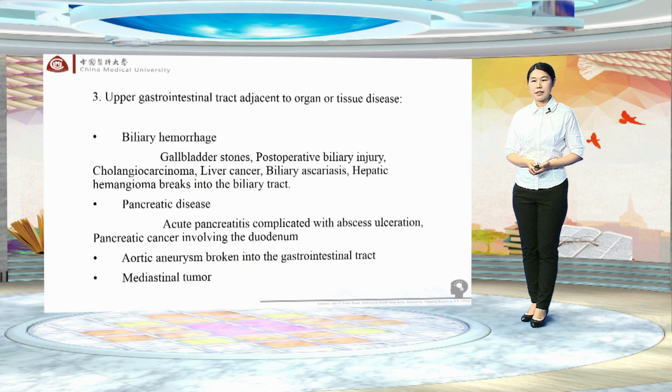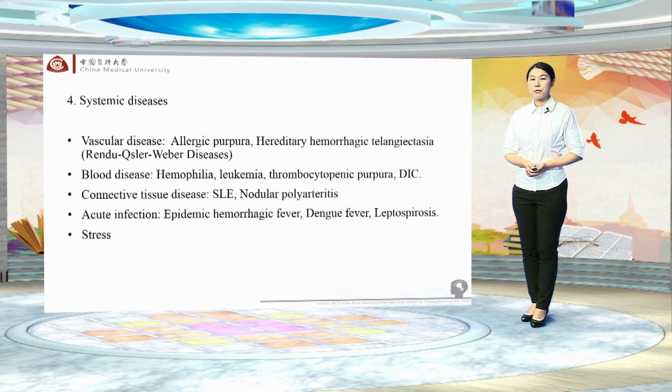Pancreatic disease, for example, acute pancreatitis complicated with abscess ulceration, pancreatic cancer involving the duodenum, aortic aneurysm broken into the gastrointestinal tract, and mediastinal tumor are also of this type. The fourth kind is systemic disease.